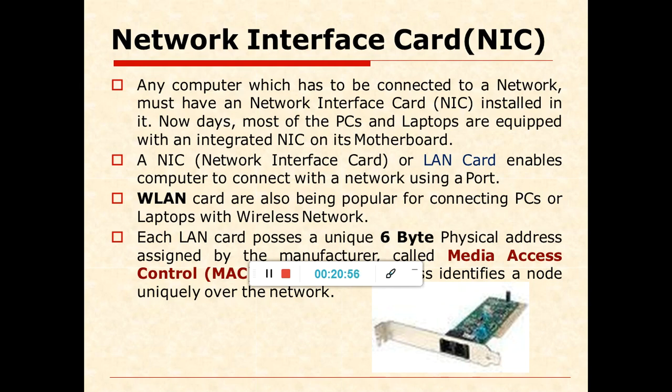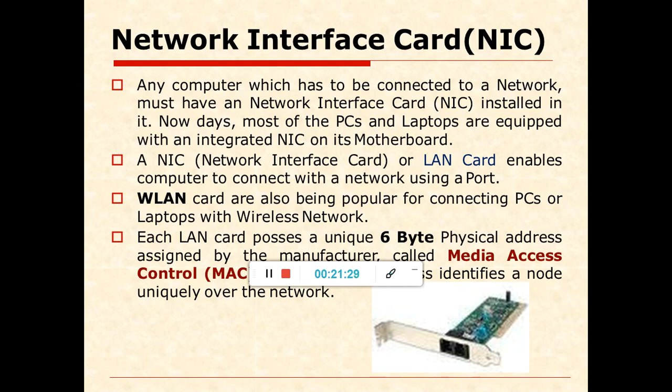Each LAN card possesses a unique 6-byte physical address. Each LAN card has what? A 6-byte physical address. It is used for identifying which system is connected to your system. It is also called the media access control address.